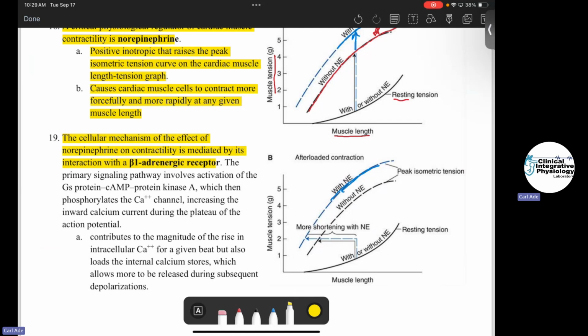It's there if you want. So it's a G protein, cyclic AMP, protein kinase A, which phosphorylates calcium channels. The main thing is norepi binds to beta-1 receptors. We get more inward calcium, particularly in the plateau of our action potential. More calcium for each given beat means we get a more forceful contraction, because we've just released a higher amount of calcium.